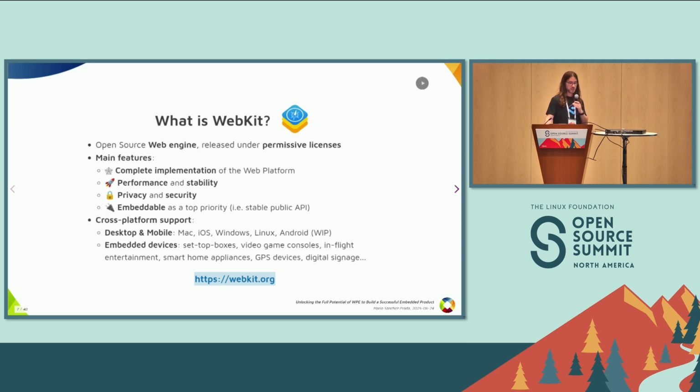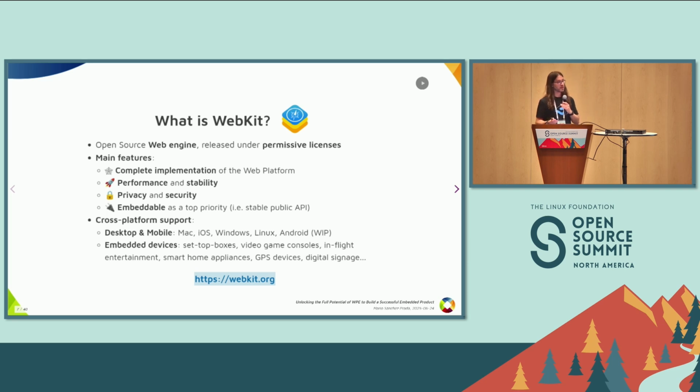Its main features are the ones that you would expect from any web engine, and actually the first three are common to Chromium and Gecko. It is a complete implementation of the web platform. You can browse any website. Its performance is stable, and privacy and security are top priorities.